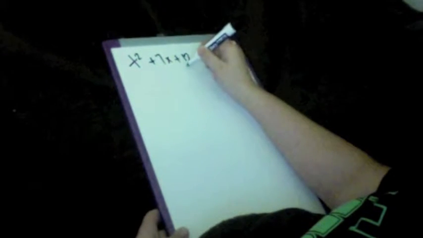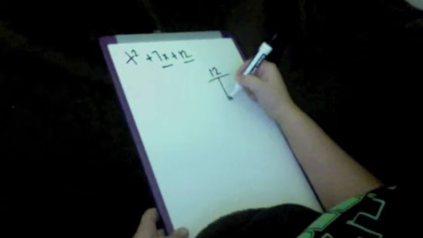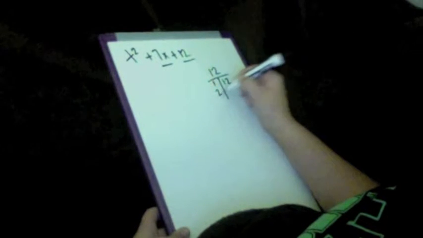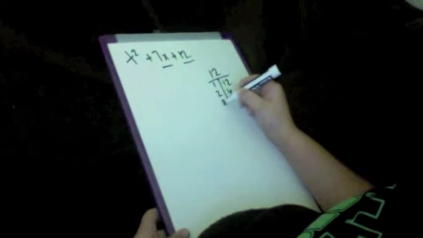If we have this equation, x squared plus 7x plus 12, then we have to find factors that multiply together to equal 12 and add to equal 7. So you find the factors of 12: they're 1 and 12, 2 and 6, 3 and 4.